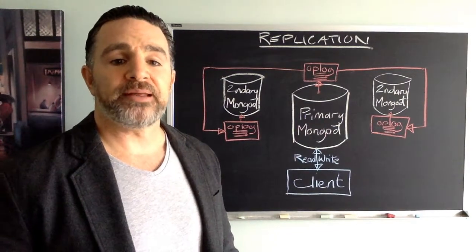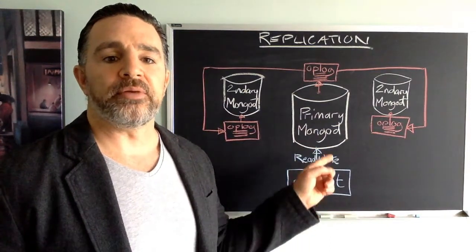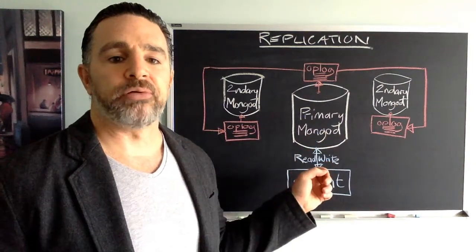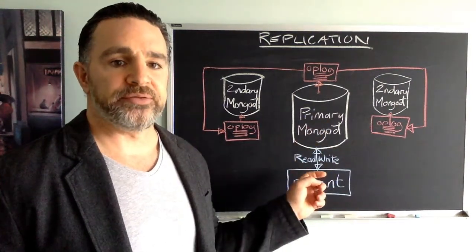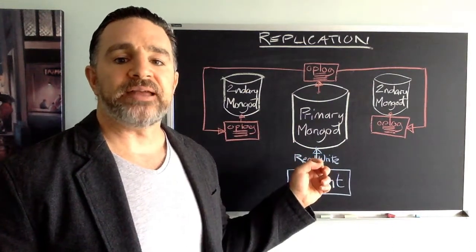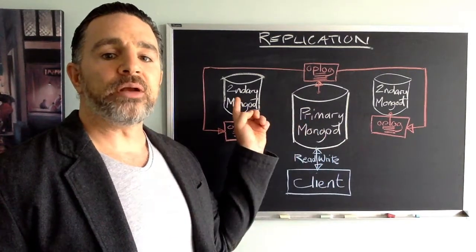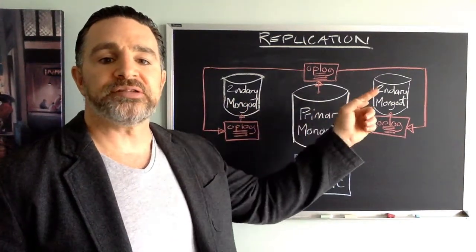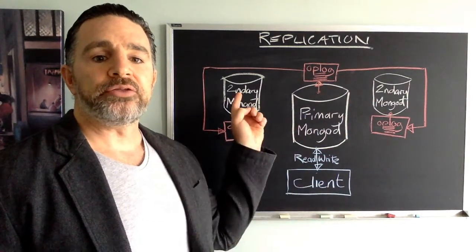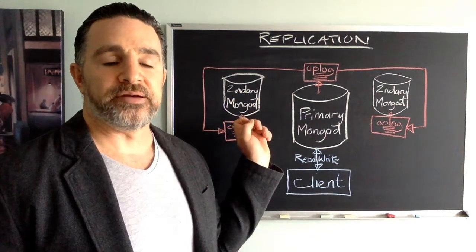In terms of minimizing latency and increasing the speed of read requests, this is only for read requests. You can actually configure your servers so that instead of always reading from the primary, if one of these secondaries is closer to the client, then the read can happen from the secondary server.